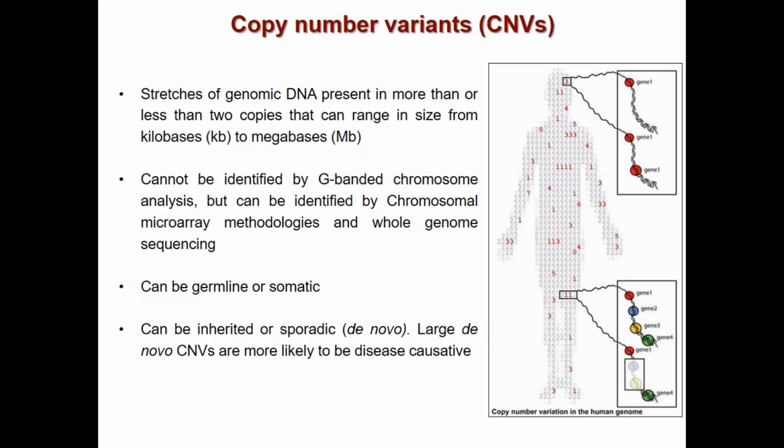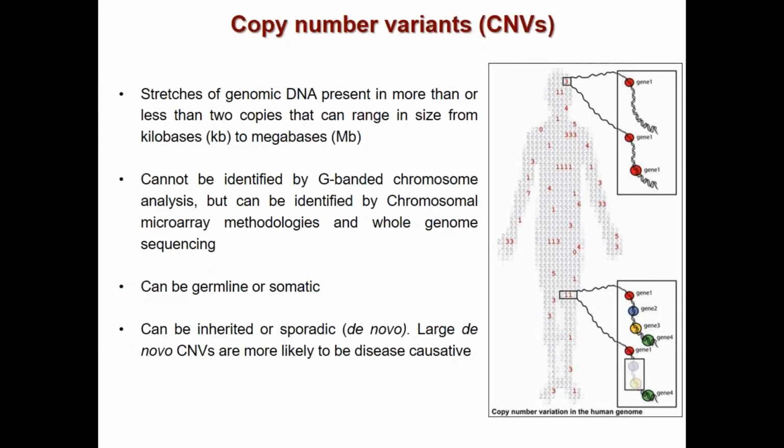One copy number gain will be a duplication, a 2 copy number gain will be a triplication, a 1 copy loss is a heterozygous deletion, a 2 copy loss is a homozygous deletion. So these are changes in the copy number. As I said, they can range from the kilobase to the megabase range.